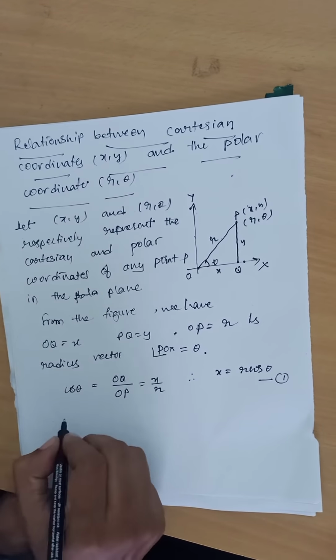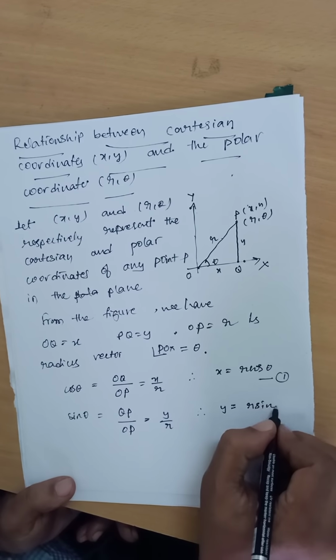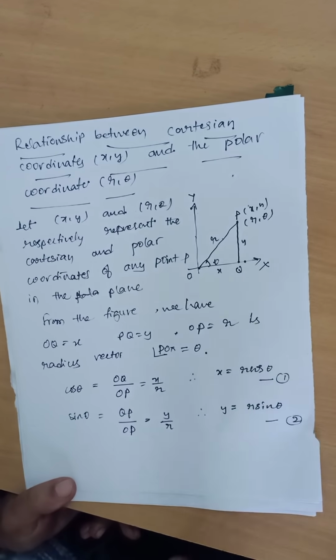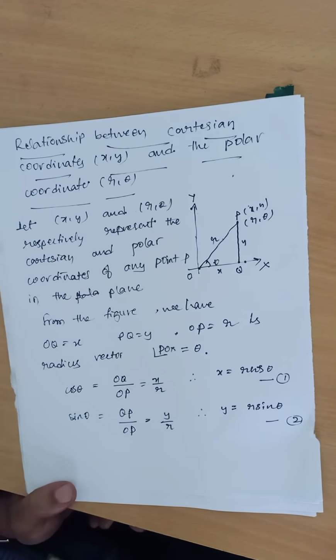And the ratio sin theta is QP divided by OP, that is y by r, therefore y equals r sin theta, call it equation 2. From equations 1 and 2 we construct the relationship between Cartesian coordinates and polar coordinates.